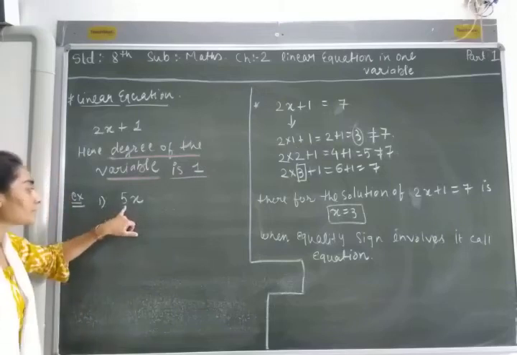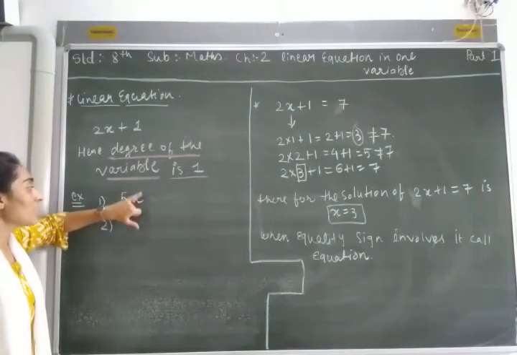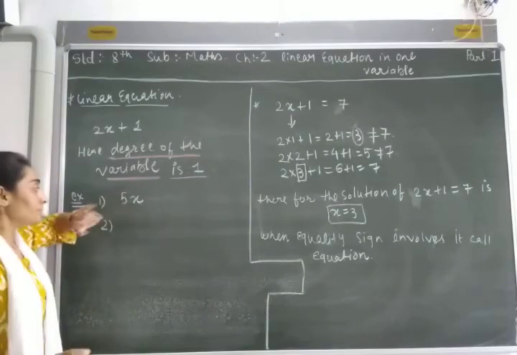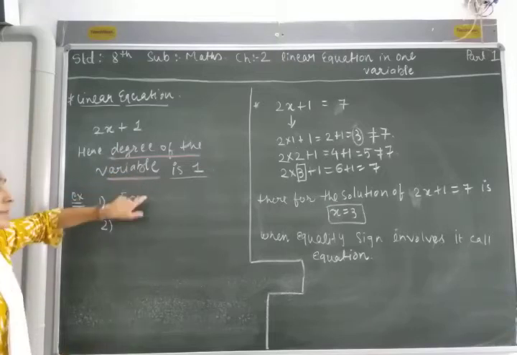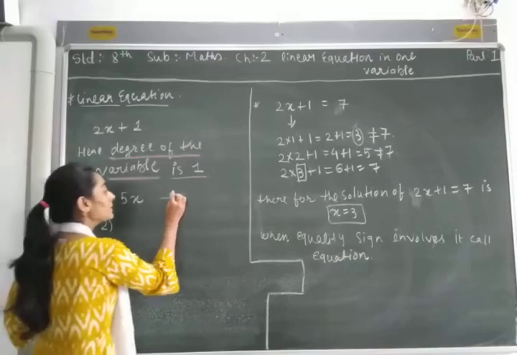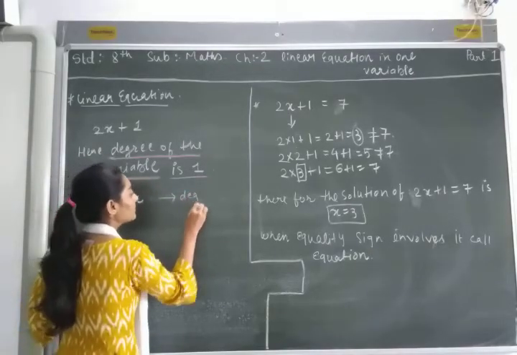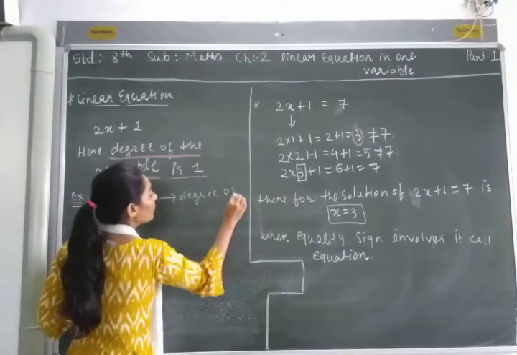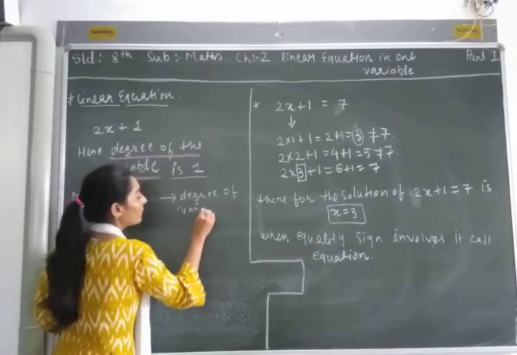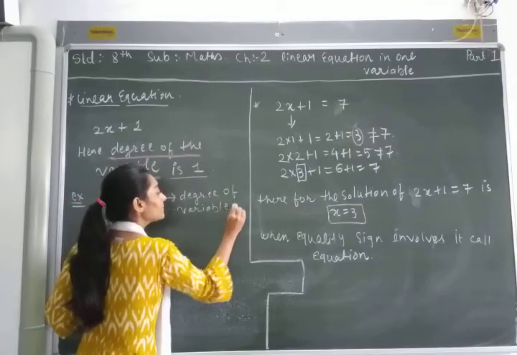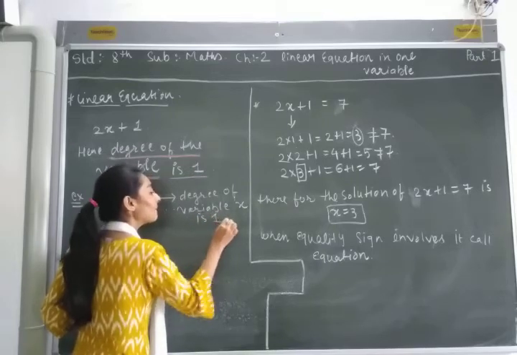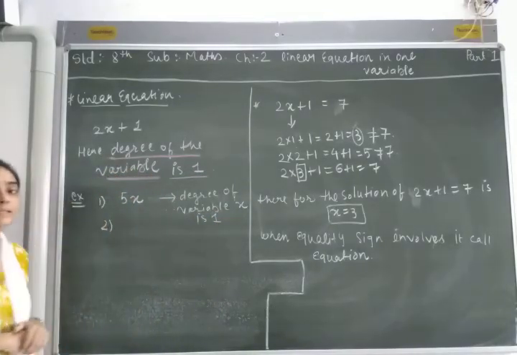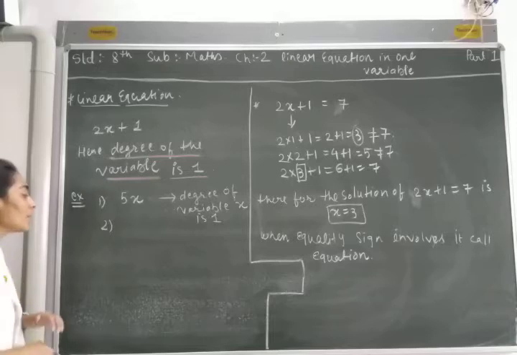Here we just look at the degree of my variable. The degree of variable x is 1.